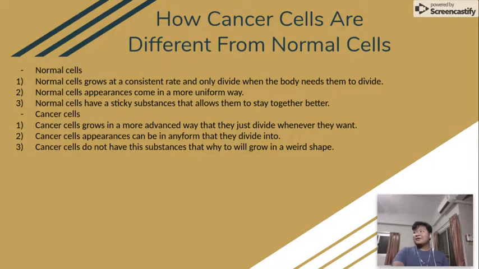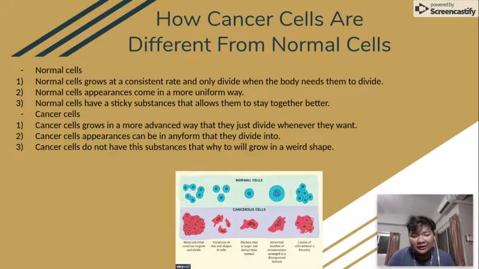So how are cancer cells different from normal cells? Normal cells grow at a consistent rate, but cancer cells grow in a more advanced way. They grow loosely and very aggressively. Normal cell appearance tends to be more uniform because there's more control.